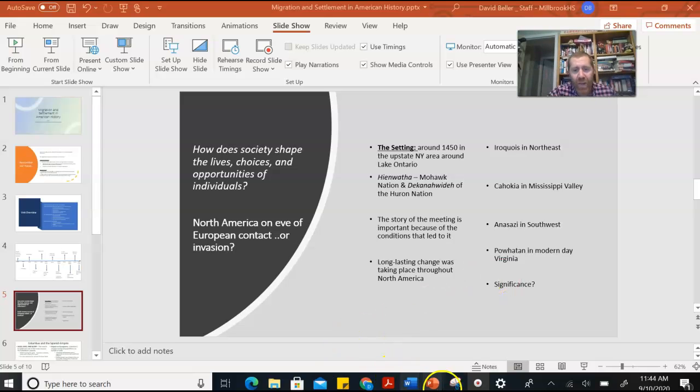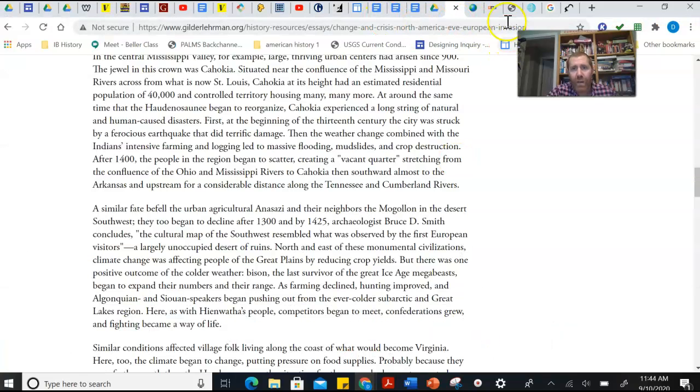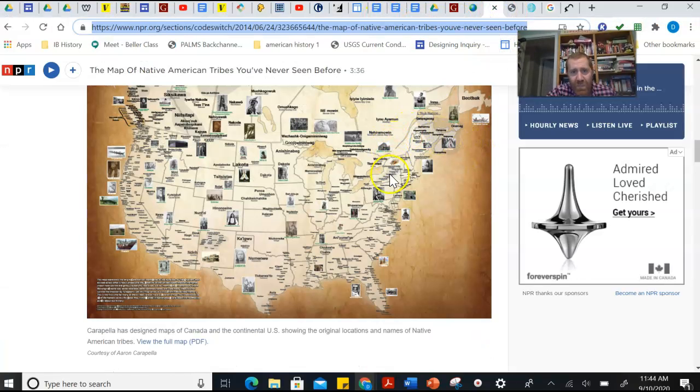So the Iroquois, once again, are located up in the northeast part of what is today the United States. We're talking about upstate New York, the western part of New York, that area.